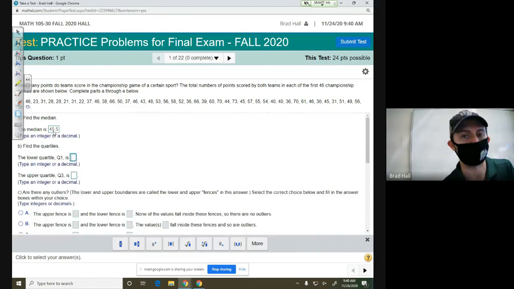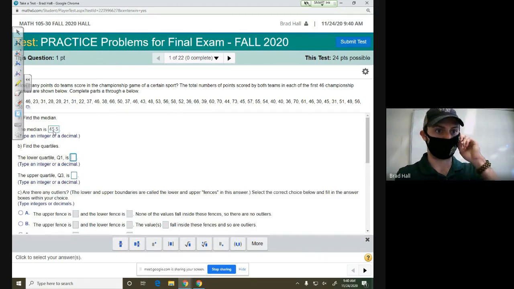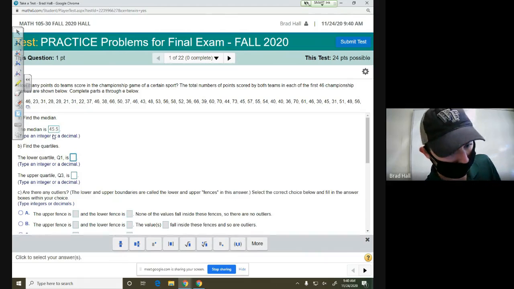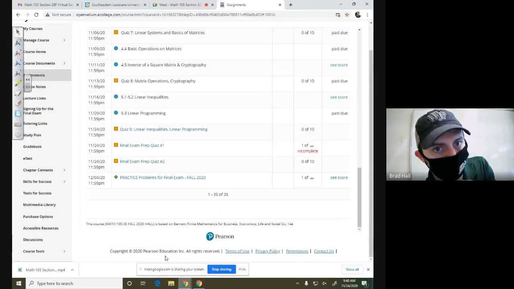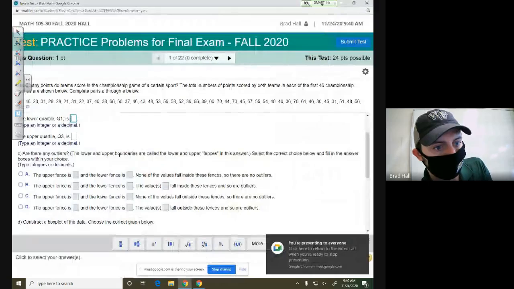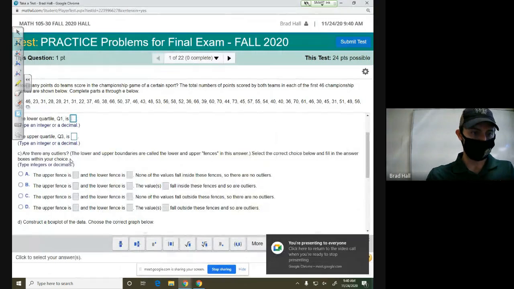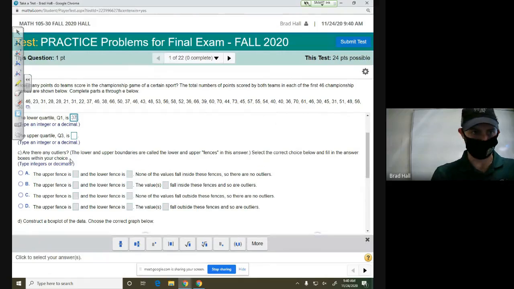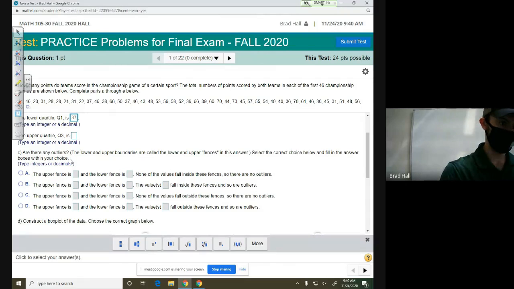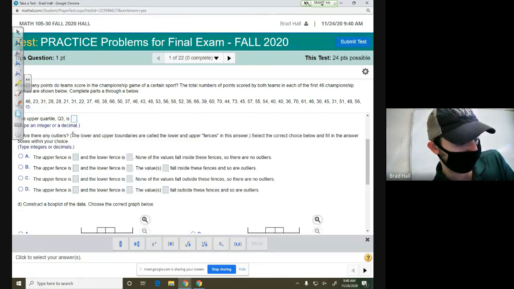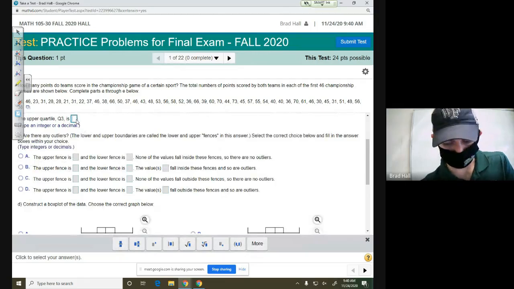So I found that the median was 45.5, provided I typed in everything correctly. And from there, we can move on to the quartiles, which the calculator also provides for us. The first quartile is 37. The third quartile is 55.